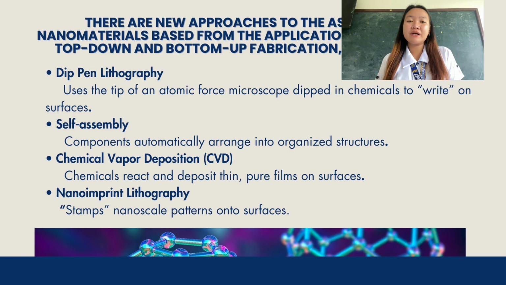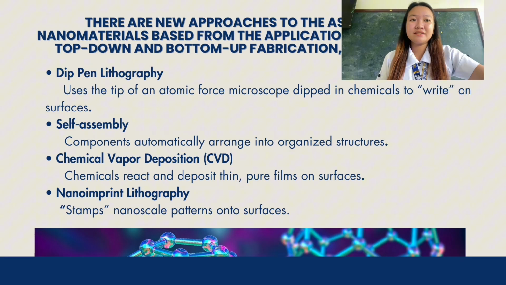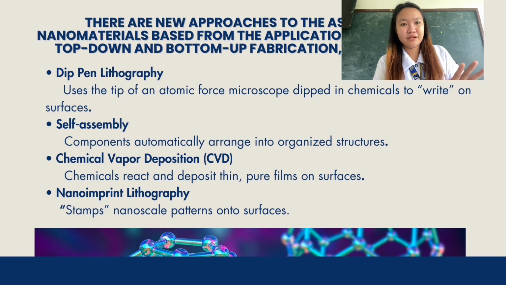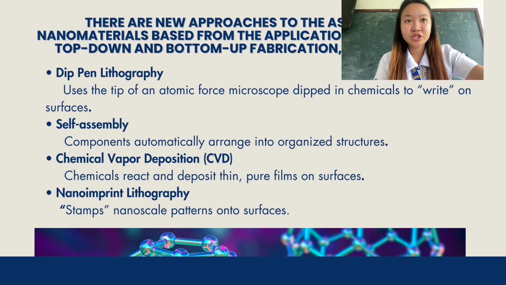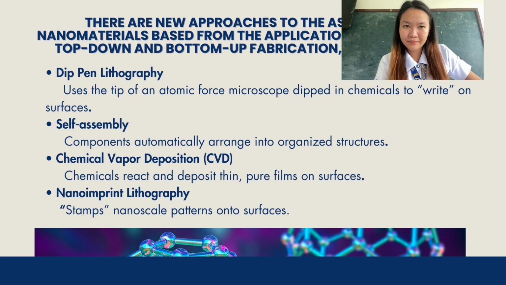The microscope's tip acts like a pen and deposits chemicals in very fine lines, forming nanoscale patterns. Next, we have self-assembly. Components automatically arrange into organized structures. Molecules position themselves due to natural forces, forming patterns without external control. This is what we call self-assembly.